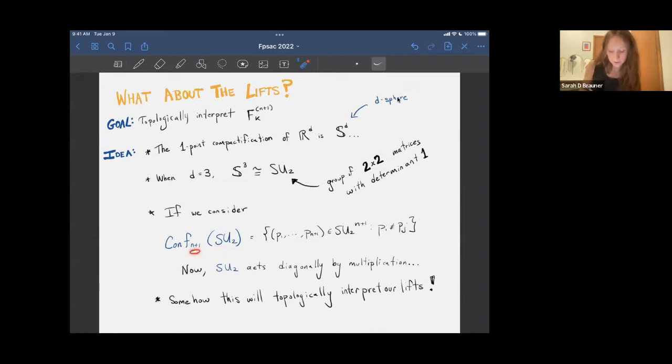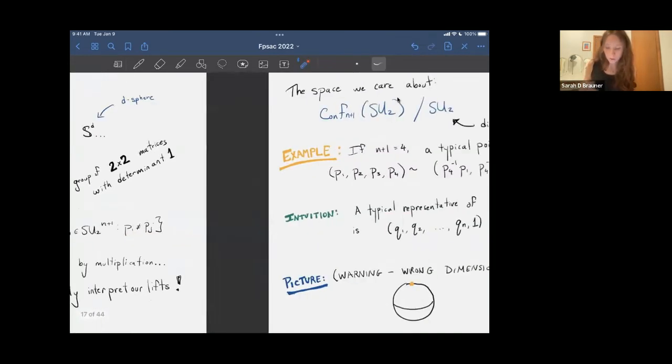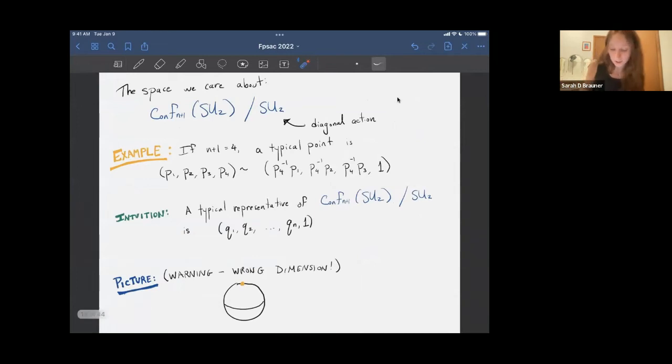And this n+1 here is telling you that somehow this is going to help me get my lifts. So this is a set of points P1 through Pn+1. They're in SU2 and they're distinct. But now SU2 is going to act on this space diagonally by multiplication because it's a group. And so the space that I'm actually going to care about is the quotient by that diagonal action.